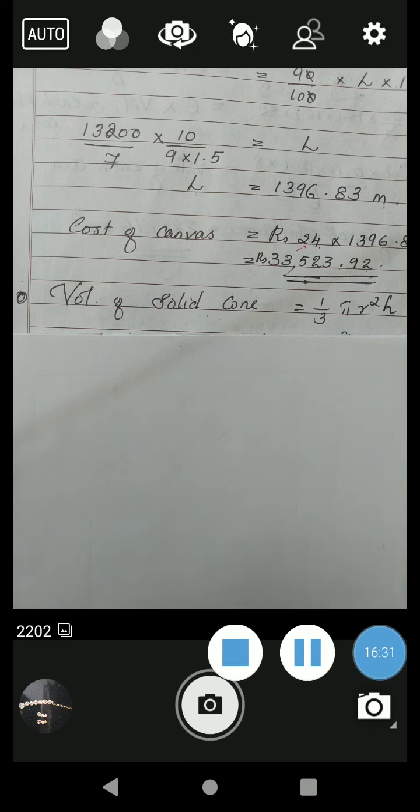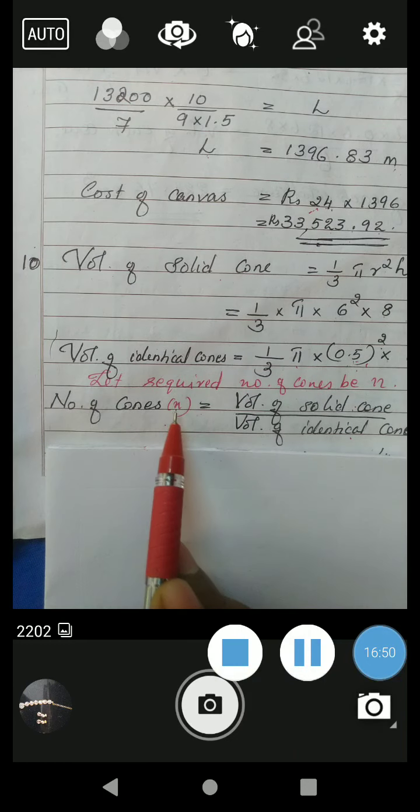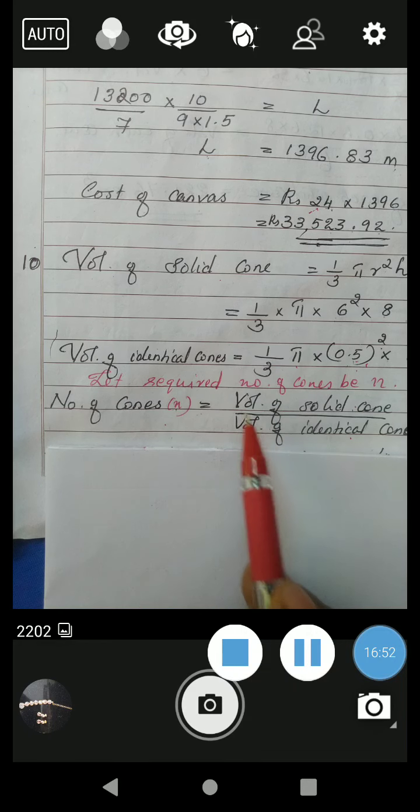So volume of bigger cone is equal to number of smaller cones into volume of each smaller cone, right? Therefore, here you can see number of cones, let it be n, is equal to volume of solid cone divided by volume of identical cones.